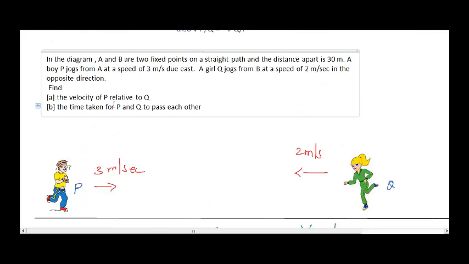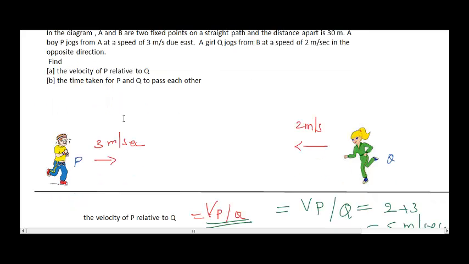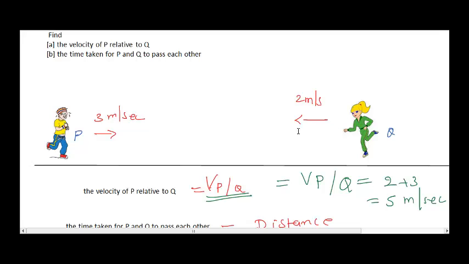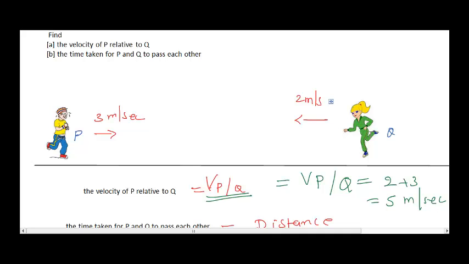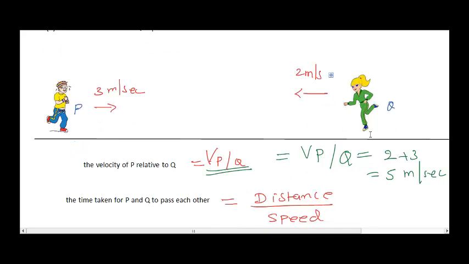And the next case is, what is the time taken for P and Q to pass each other? Now consider if only P is moving, not Q. Then P will approach Q at 3 meters per second. The other way, if P is not moving and only Q is moving, then Q can meet P with a velocity of 2 meters per second. But in this case, both are moving. P is moving at 3 meters per second and Q at 2 meters per second.